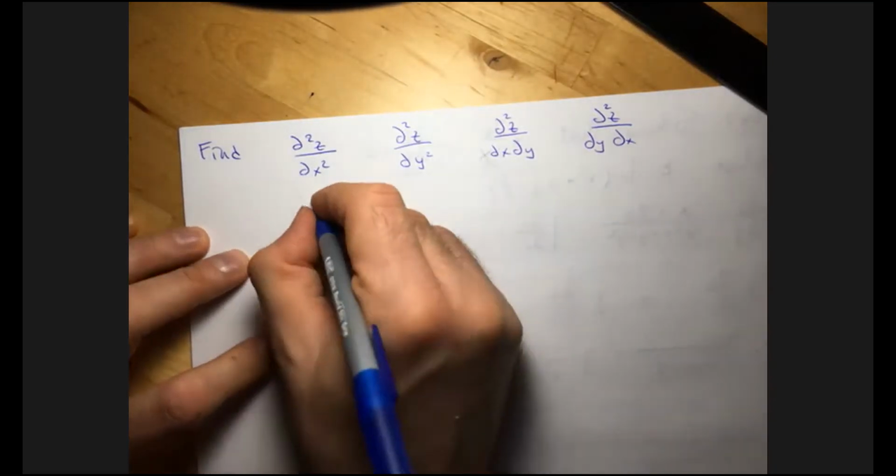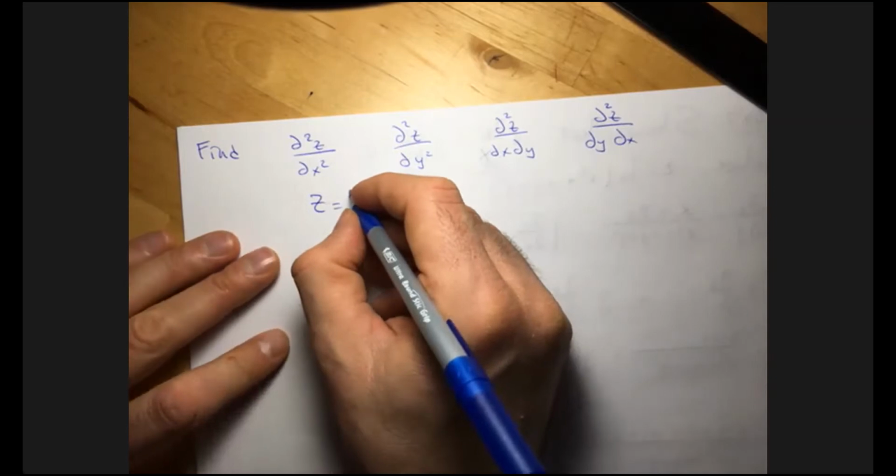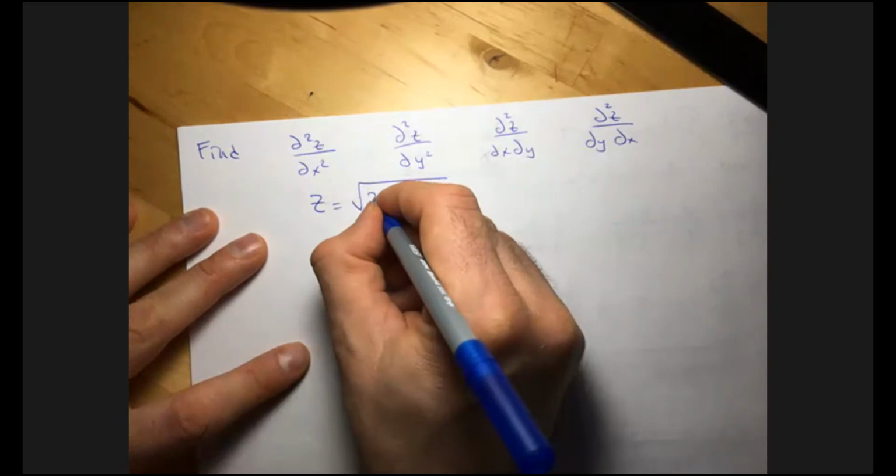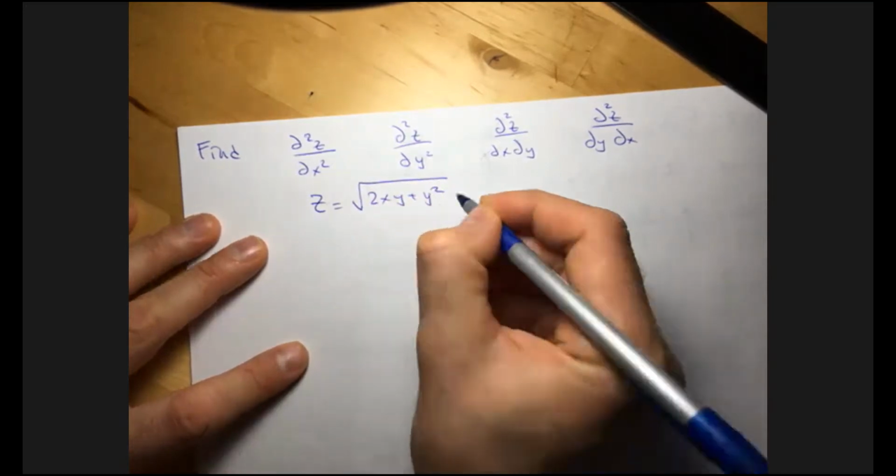Where z is equal to the square root of 2xy plus y squared.